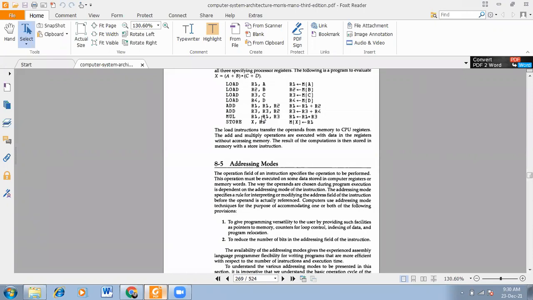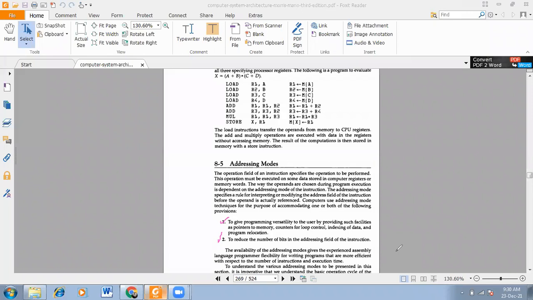So these two are important purposes of using addressing mode: to improve the control operation, indexing data, and for program relocation.